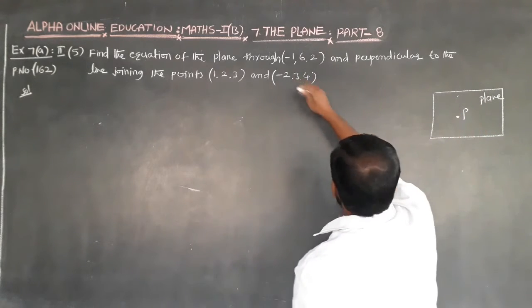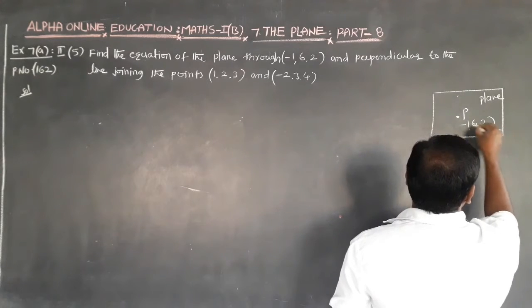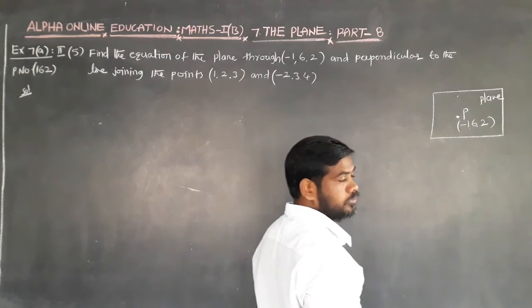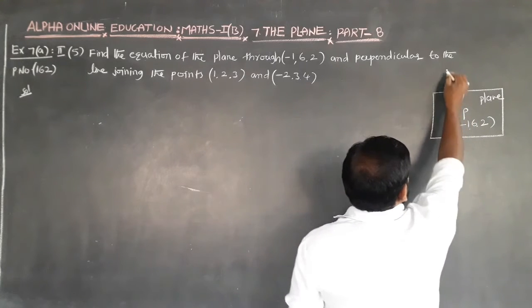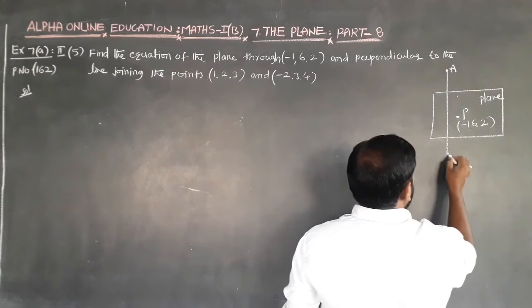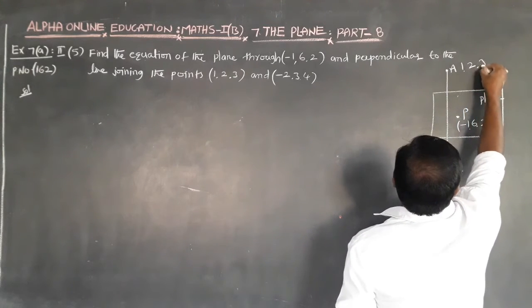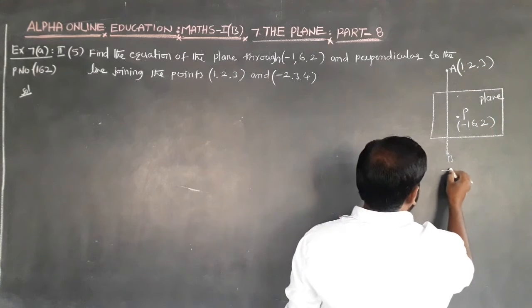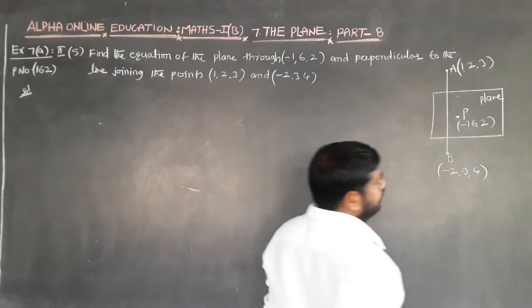A plane is passing through the point (-1, 6, 2) and perpendicular to the line joining the points A and B. A is (1, 2, 3), B is (-2, 3, 4).